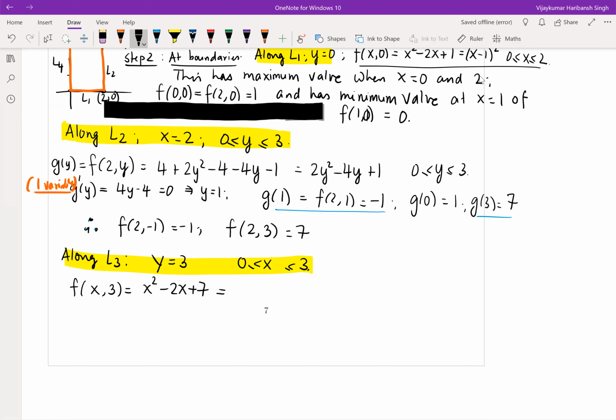Now, instead of doing the function of one variable, thankfully this is a quadratic, for which we can quickly find x minus 1 the whole squared plus 6.